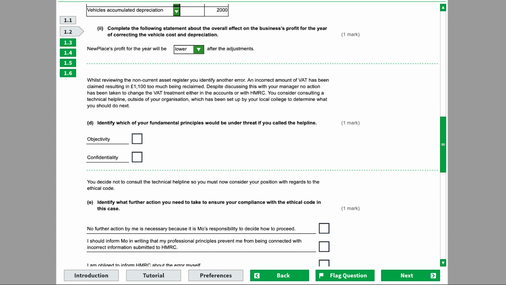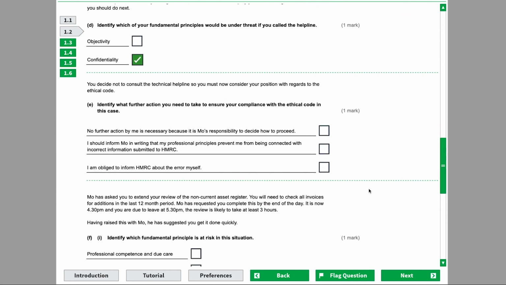So you would have to do it in a way in which you were not disclosing any specific figures, but just getting general advice on what you would do within the situation that you were in. So in terms of which of the fundamental principles would be under threat, it would be confidentiality.